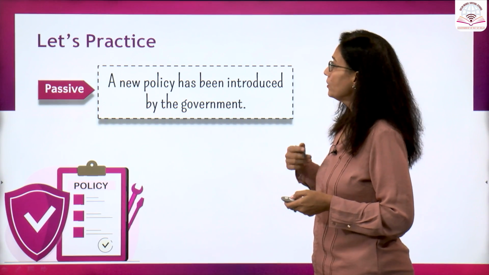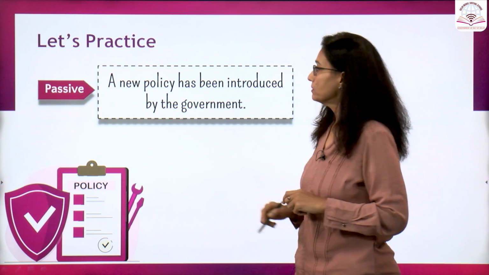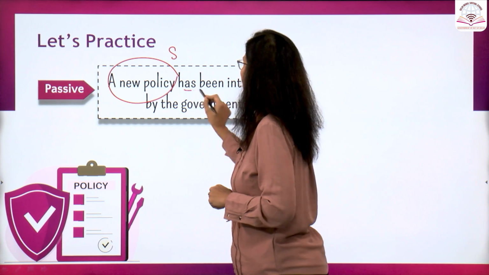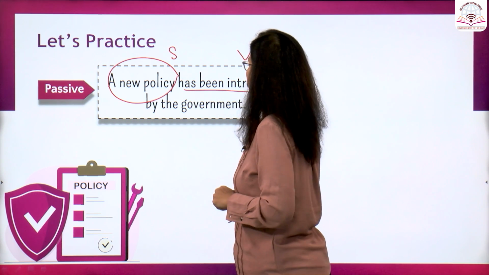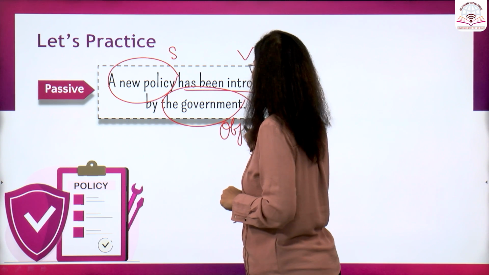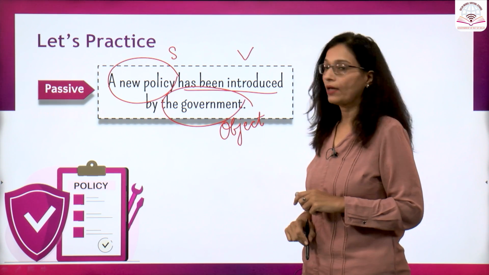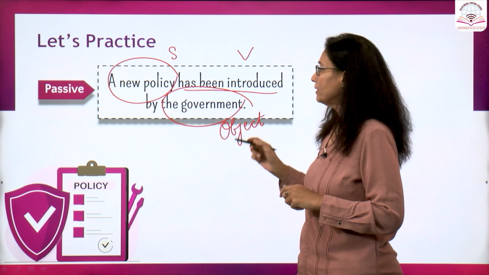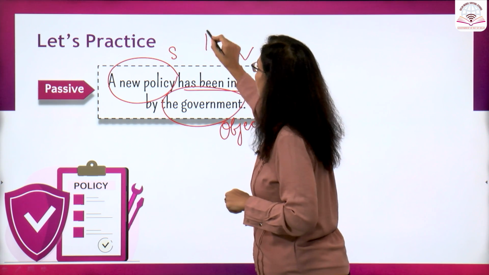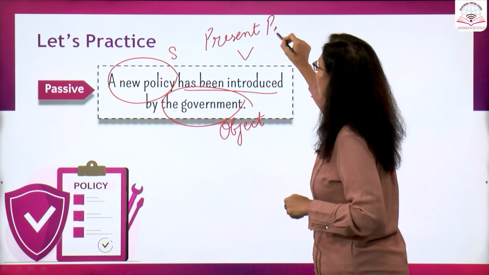Next sentence, a new policy has been introduced by the government. So here, this is our subject, this is our verb, and this is the object. Let us try to transform it into active voice. First, let us identify the tense used. The tense used here is present perfect.